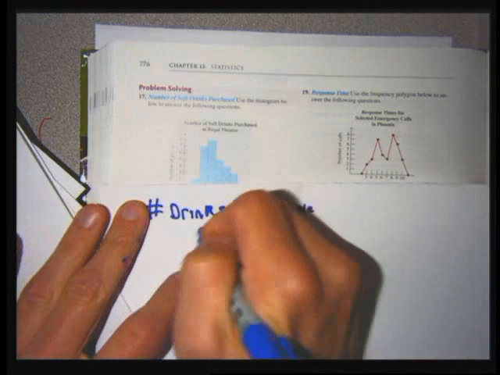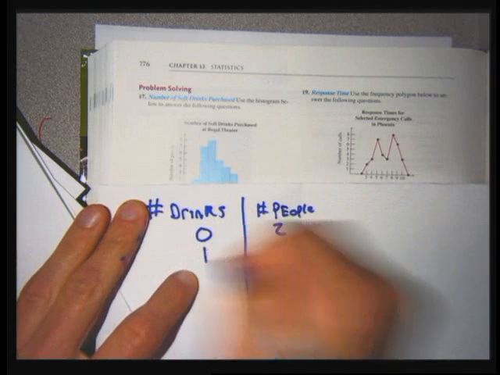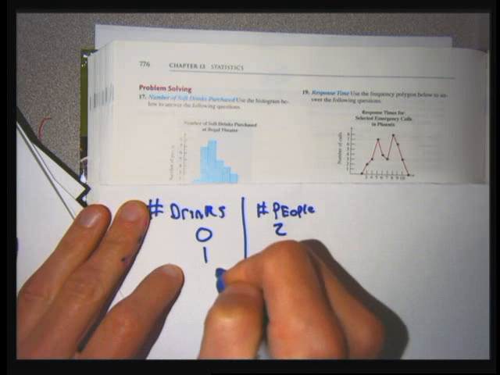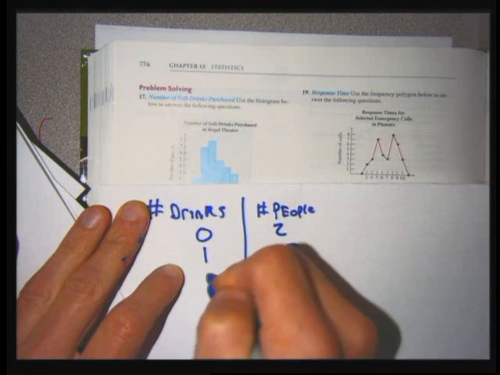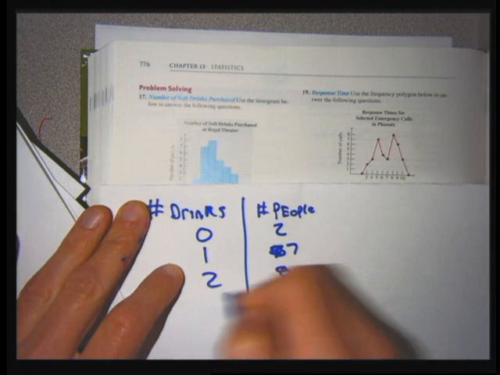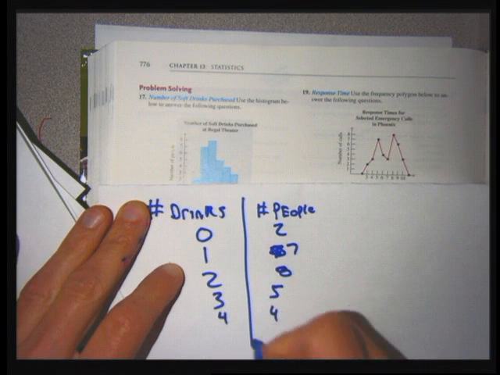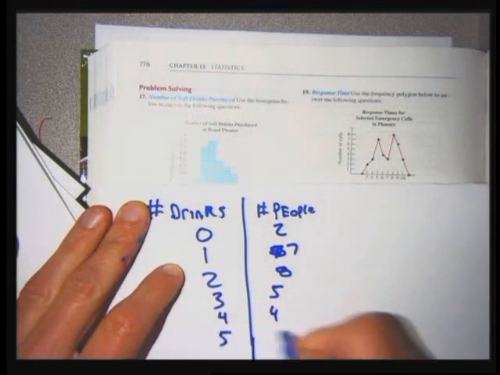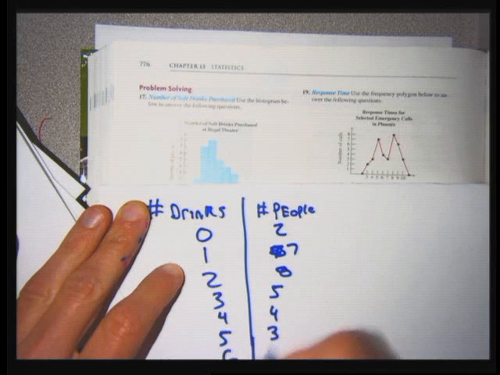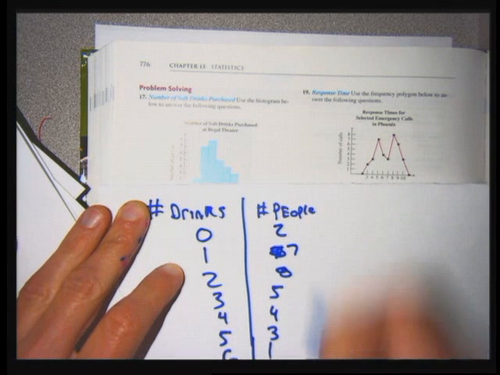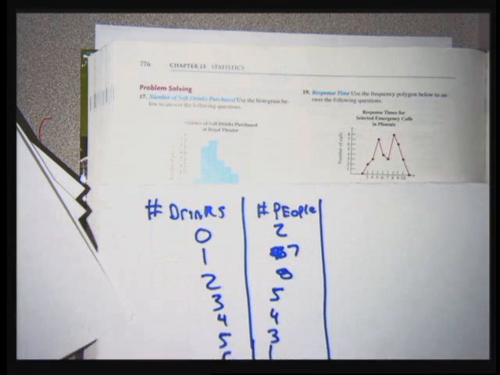I had 0 drinks for 2 people, 1 drink for 7 people, 2 drinks were 8 people, 3 drinks were 5 people, 4 drinks were 4 people, 5 drinks were 3 people, 6 drinks were 1 person. I get a total of 30 people. So there were 30 people surveyed here.